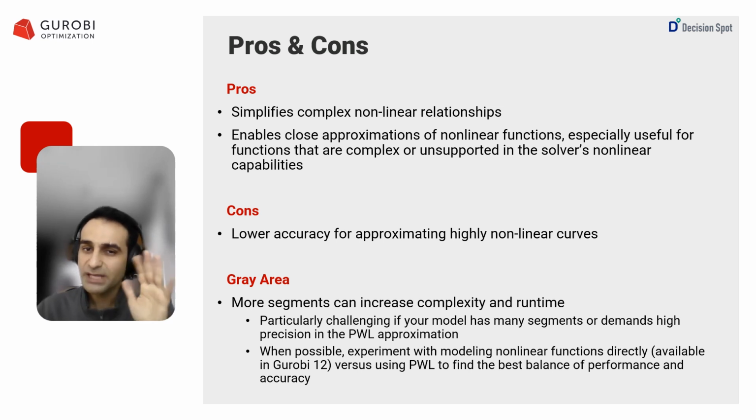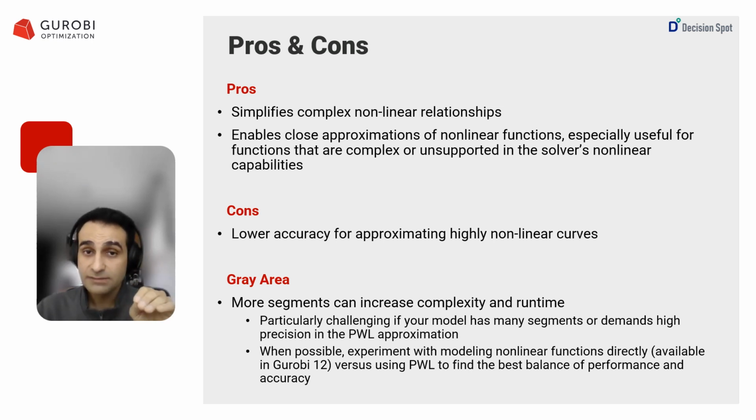There's also a bit of a gray area to consider. Adding more segments can give you a more accurate approximation, but it also increases the model's complexity and runtime. This is especially true if you're working with a model that already has a lot of segments or where a high degree of accuracy is essential.